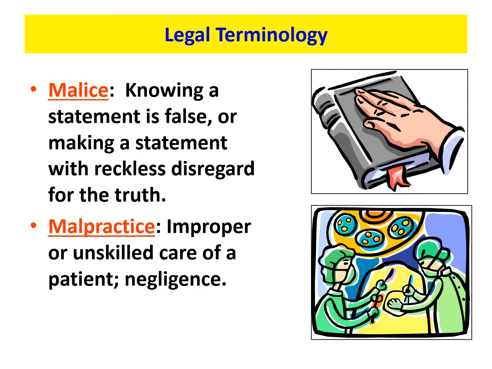Malice and malpractice. Now, malice is knowing a statement is false or making a statement with reckless disregard for the truth. Okay? And that reckless disregard for the truth is important because you're showing true malice. You made a false statement knowing it wasn't true. Malpractice is the improper or unskilled care of a patient where you show neglect.